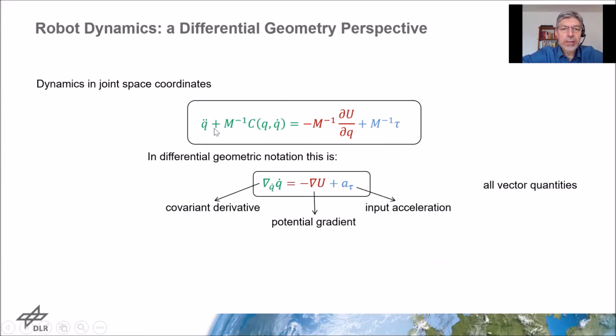It reads joint acceleration plus M inverse times the Coriolis and centrifugal terms equals the acceleration due to the potential field plus some possible input acceleration coming from the motors. Well, in differential geometry notation, this reads: covariant derivative of velocity with respect to velocity equals minus the gradient of the potential U plus some input acceleration.